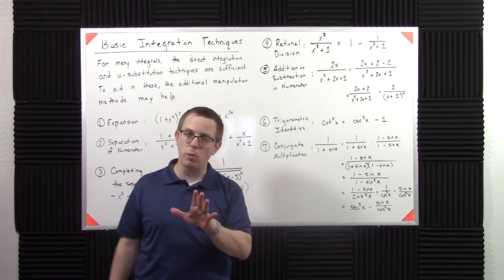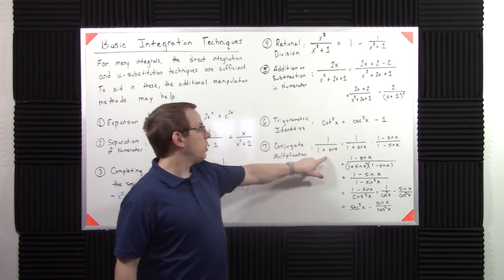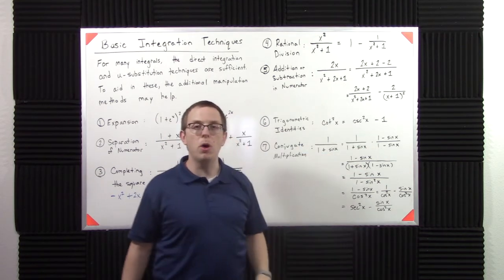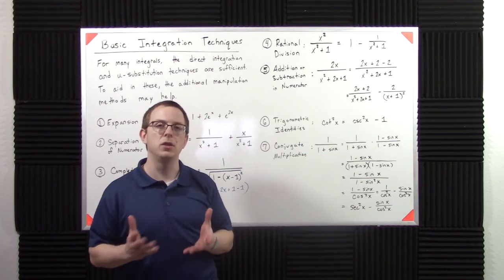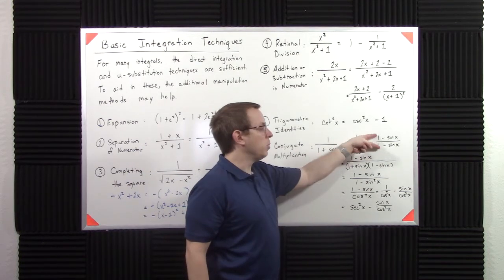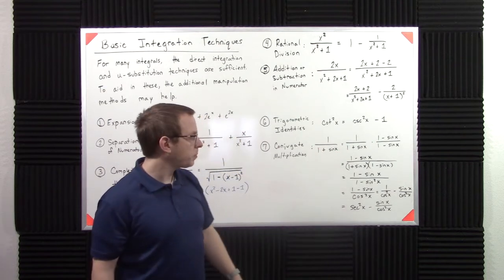That's usually the way to identify these. And so what you do is, okay, well, I have a 1 plus, so I'm going to multiply top and bottom by 1 minus the trig function. Or if it was 1 minus in the bottom, I'd multiply top and bottom by 1 plus.